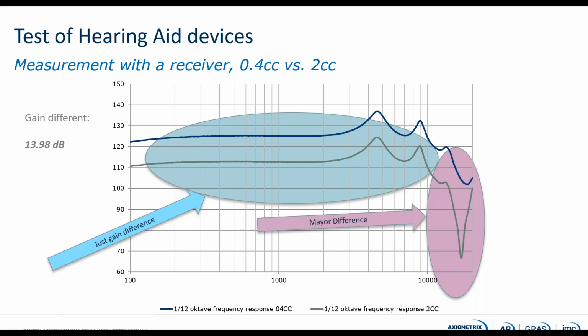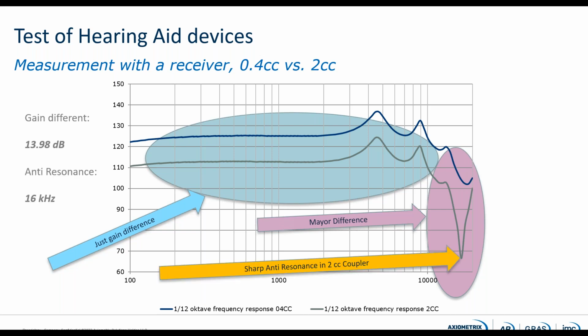The major difference we see is at higher frequency, where the 2cc coupler has a sharp anti-resonance at about 16 kilohertz, where we have a very smooth and nice level from the 0.4 cubic centimeter.